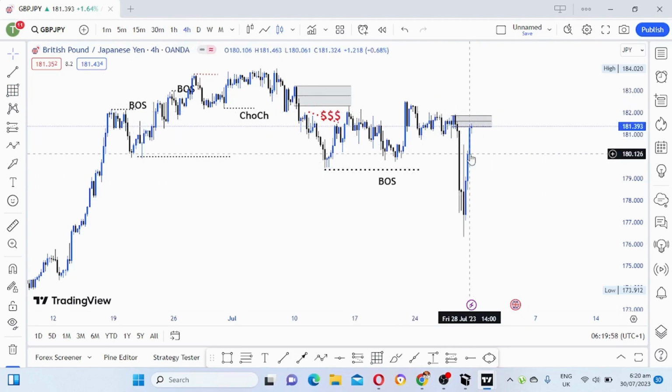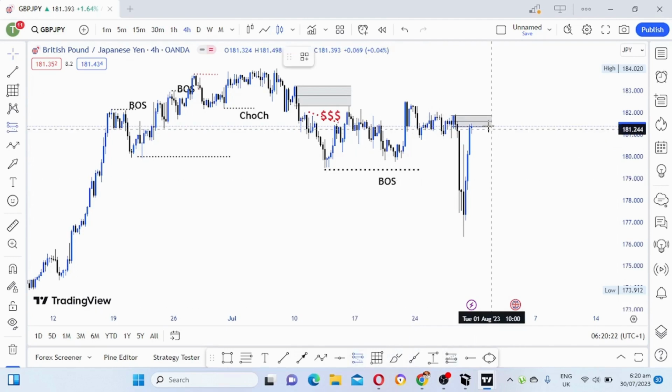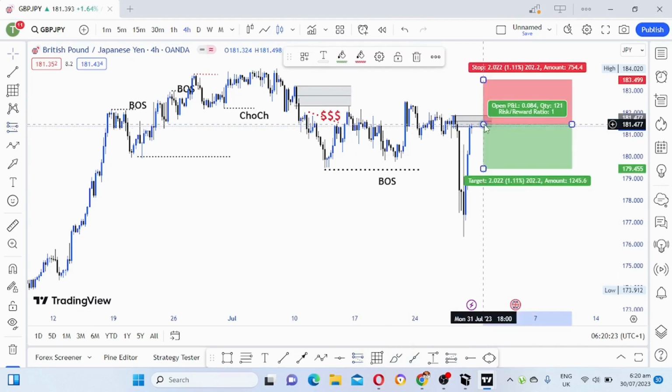If we see a change of character on a lower time frame, let me say M15, M15 must align with the higher time frame, which is downtrend for now. If price makes a change of character on M15, M30 or H1, then I will enter a sell, targeting this low.